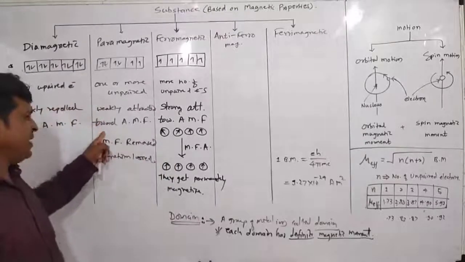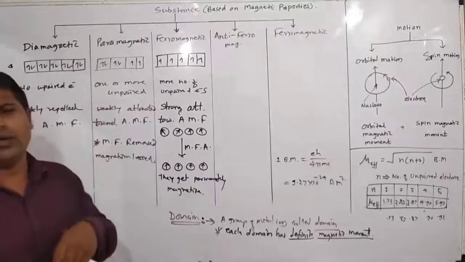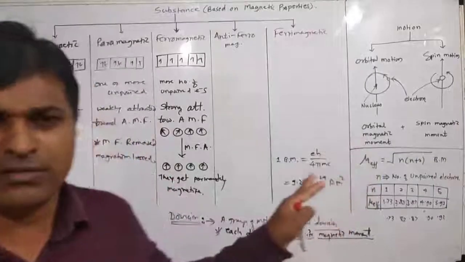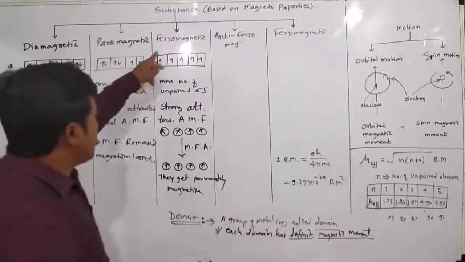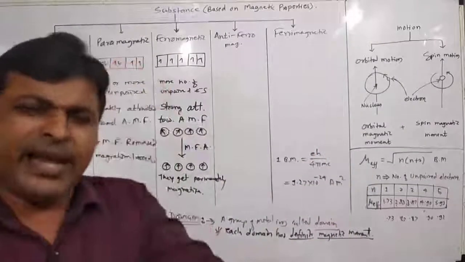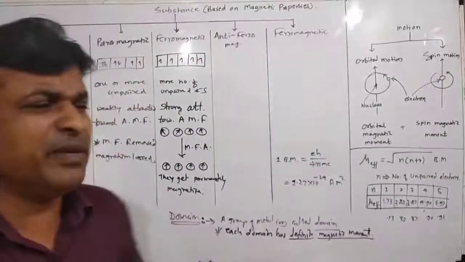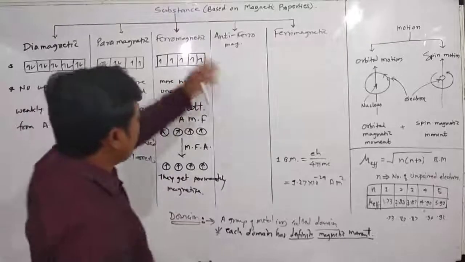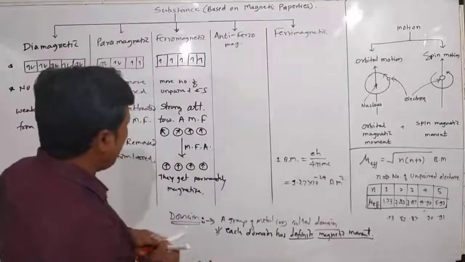Now in a paramagnetic substance, when the magnetic field is removed, magnetism is lost. In a ferromagnetic substance, when the magnetic field is removed, magnetism is retained. So what about antiferromagnetic?